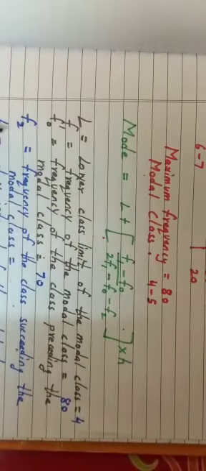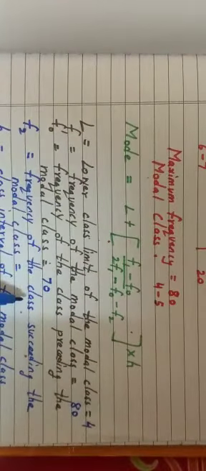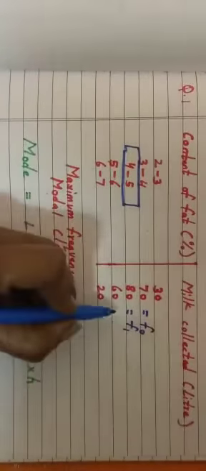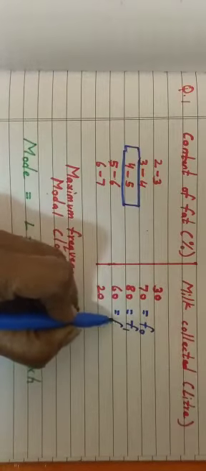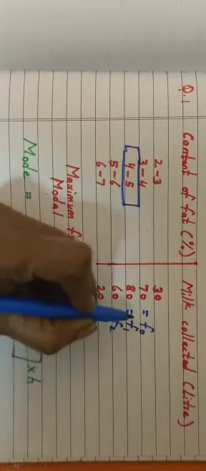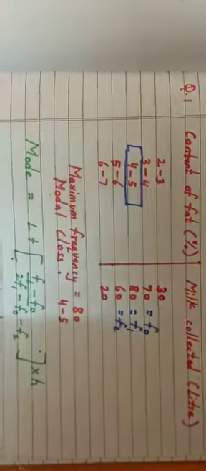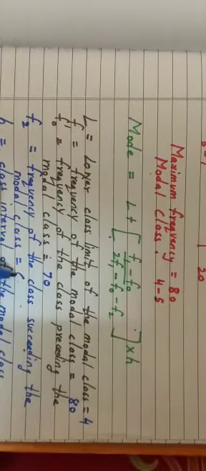Okay. Now F2, frequency of the class succeeding the modal class. Succeeding means, as I said, afterwards. So what is afterwards? This is it. F2. Okay. Preceding before, succeeding afterwards. So 60 is the answer. So we will write here 60.